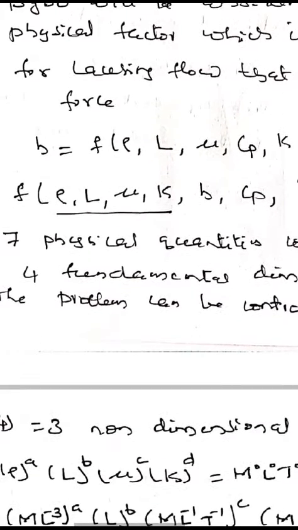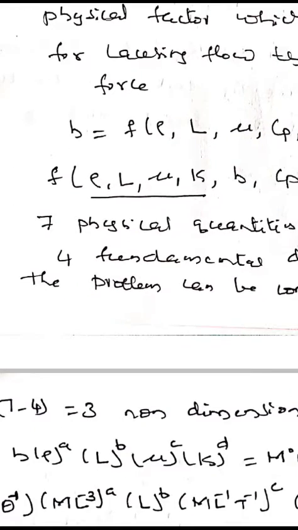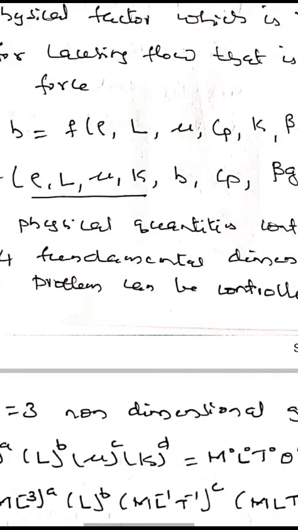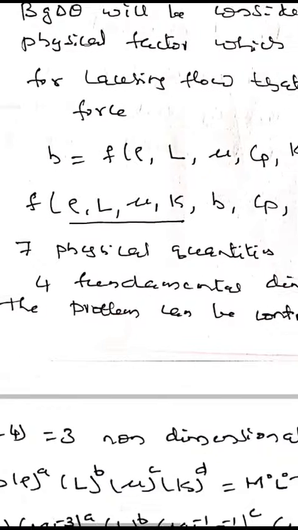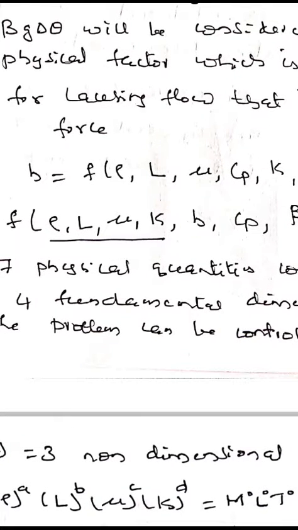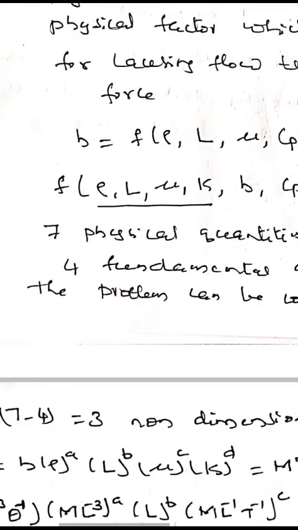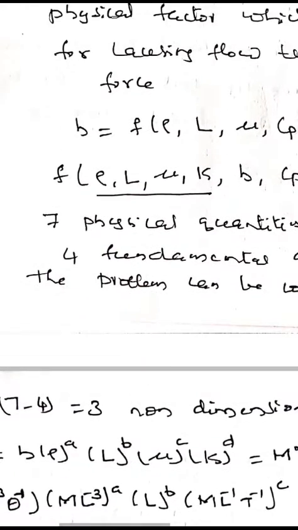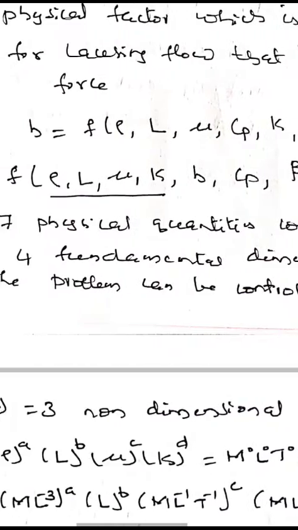So now the heat transfer coefficient depends upon beta g delta theta and other terms also, like rho, L, mu, Cp, K. Now the function of rho, L, mu, K, h, Cp, beta g delta theta is equal to 0.